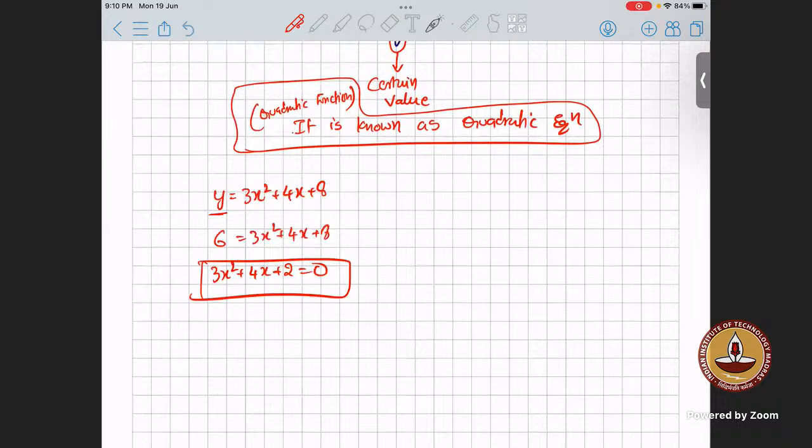Look how it became a quadratic equation. Are you getting the point?